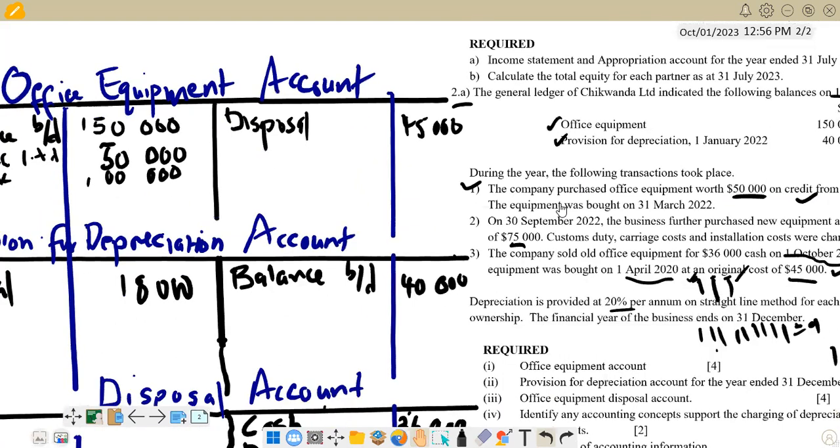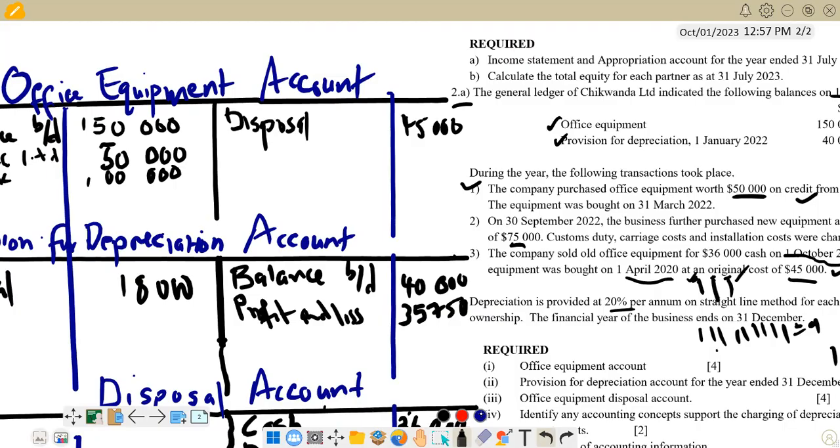This amount is supposed to go to profit and loss. It's 35,750.